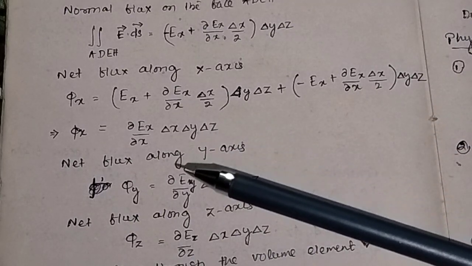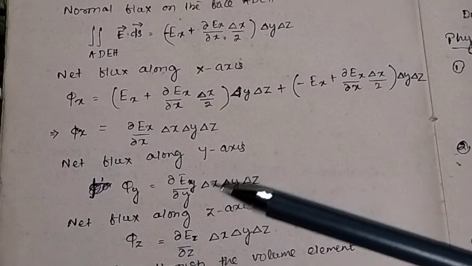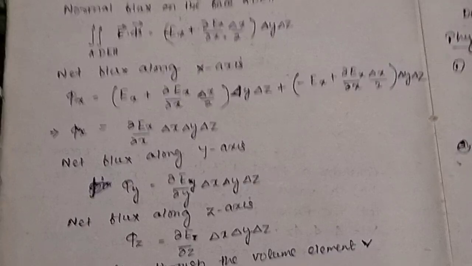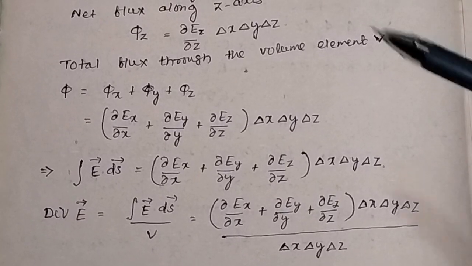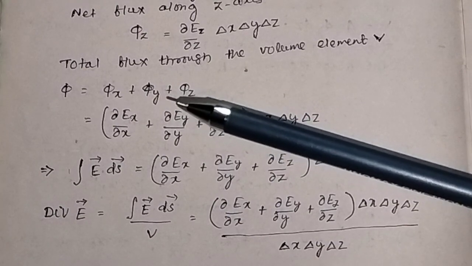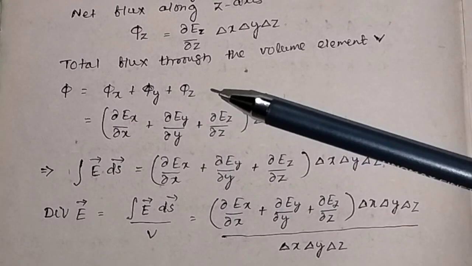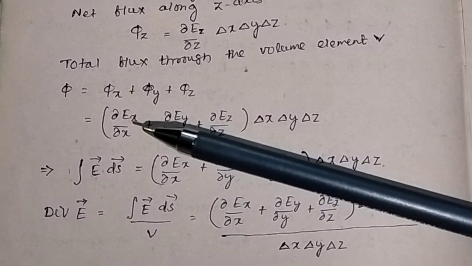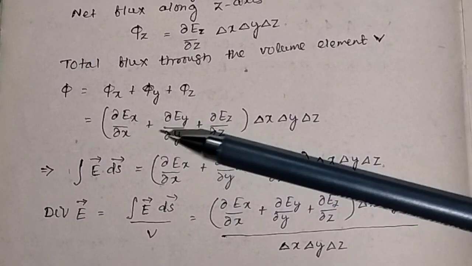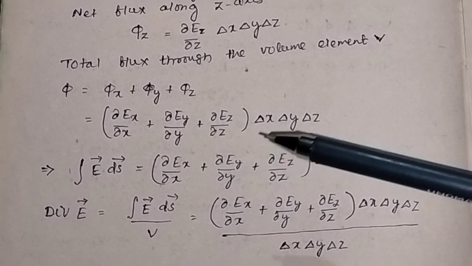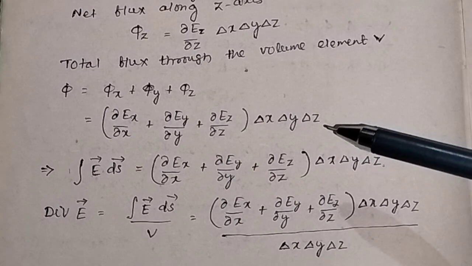Similarly, you can also find the net flux along the y-axis and the net flux along the z-axis. Then you add the total flux, that is flux along x-axis plus flux along y-axis and flux along z-axis. Then we will get the total flux equal to del Ex with respect to x plus del Ey with respect to y plus del Ez with respect to z, into delta x delta y delta z.